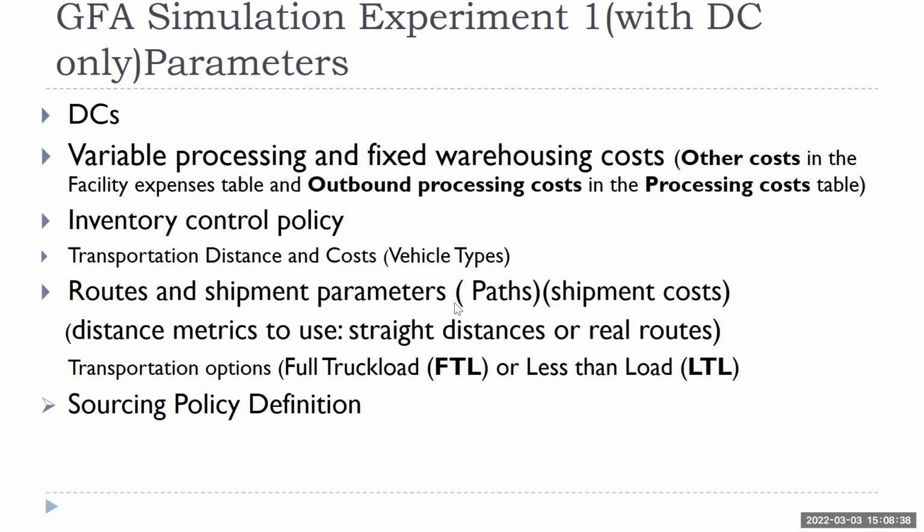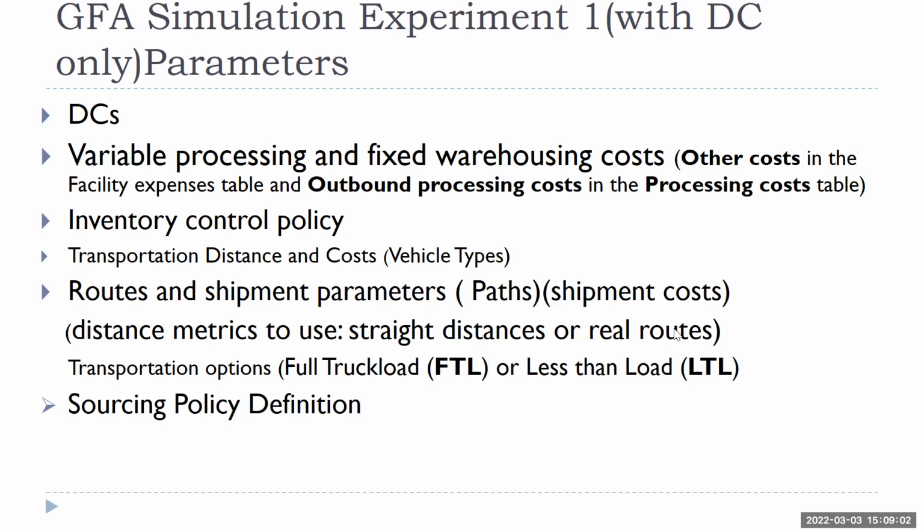Then routes and shipment parameters, right? Distance matrices: whether to use straight distances or real routes. As you are using the academic version, we do not have the option for real routes, because we are not looking at roads, rivers or mountains. We just have the idea that these are the locations: Aurangabad, Mumbai, Delhi, Kolkata.